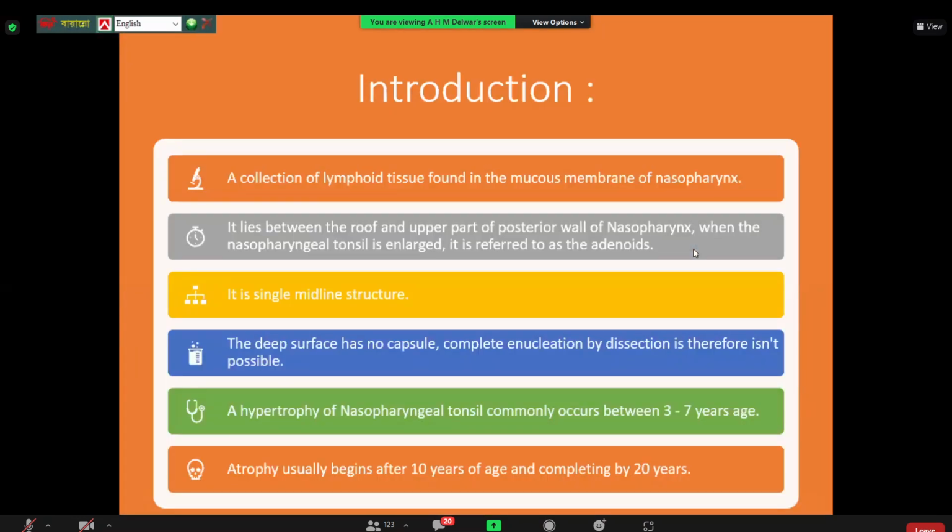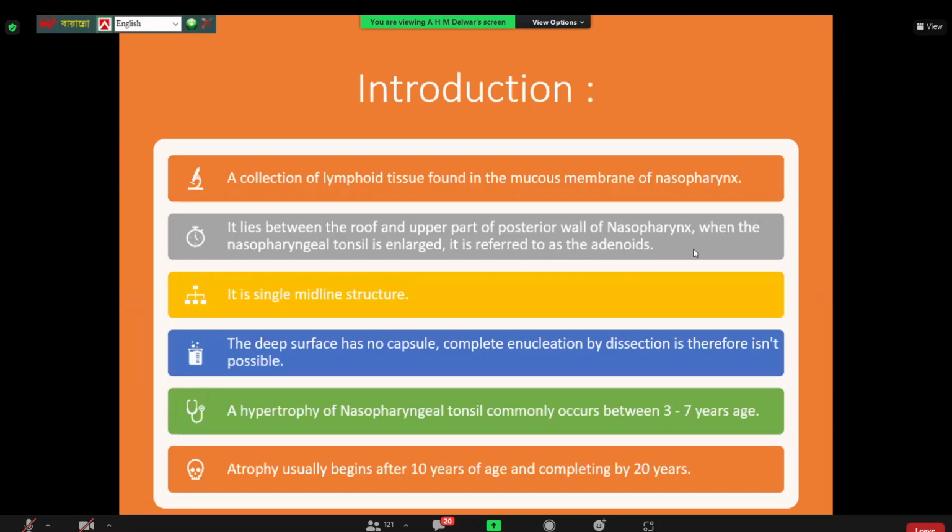Introduction. What is adenoids? It is a collection of lymphoid tissue found in the mucous membrane of the nasopharynx. It lies between the roof and upper part of the posterior nasopharynx. When the nasopharyngeal tonsil is enlarged, it is referred to as the adenoids.